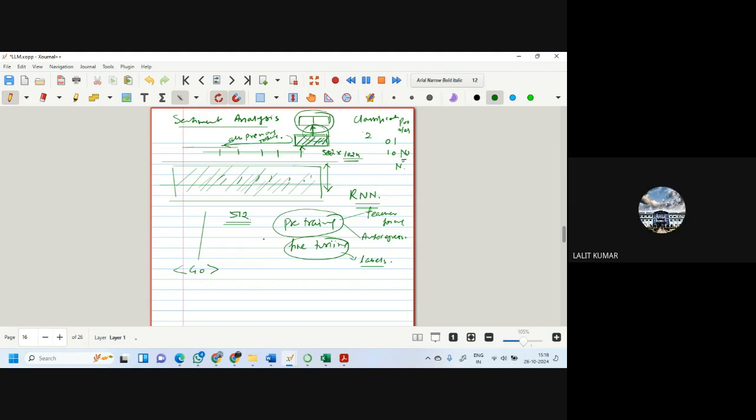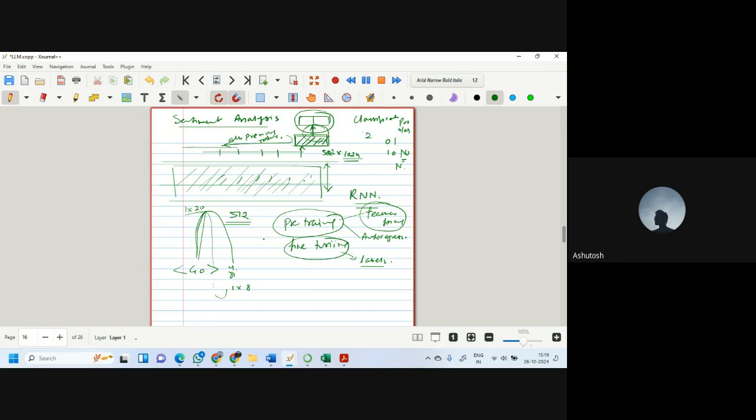Auto regression means you have already done the teacher forcing, so there is a high probability that it will generate correctly now. But suppose it is generating some junk. The same output which has come has dimension, for example, 1 into 20, the vocab size. When it passes through the embedding matrix, it becomes 1 into 8.